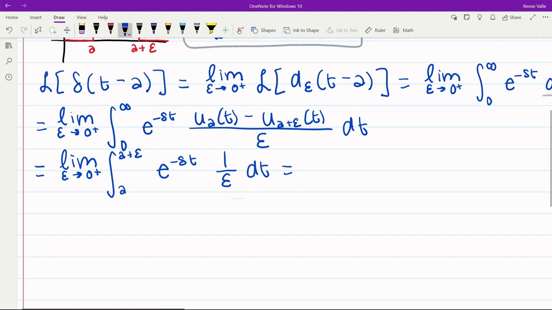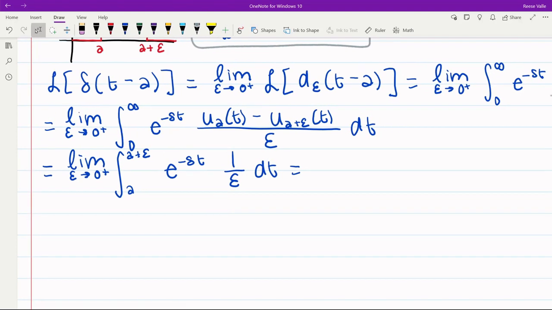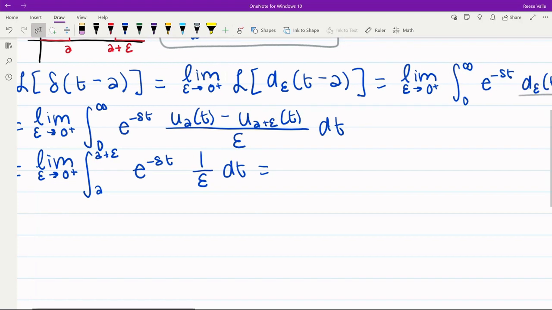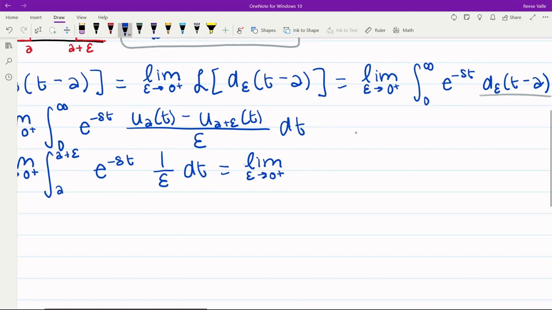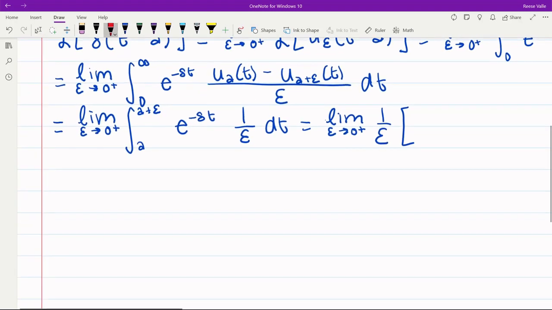And so you know that 1 over epsilon is a constant because you're integrating with respect to t. So the limit as epsilon approaches 0 from the positive side of 1 over epsilon, and this is a really easy integration, but I'll use u-substitution just to show you.